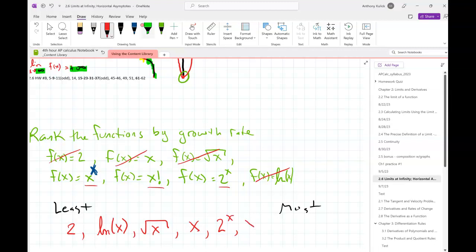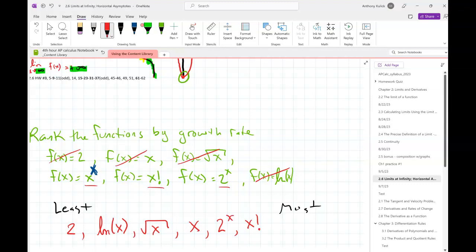Not x to the x. It's x factorial. So think about x factorial. That's x things multiplied together. x is the first one, and every other factor after that is going to be less than x: x minus 1, x minus 2, x minus 3. But x to the x is x times x times x times x times x times x.